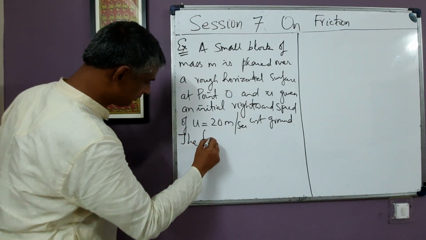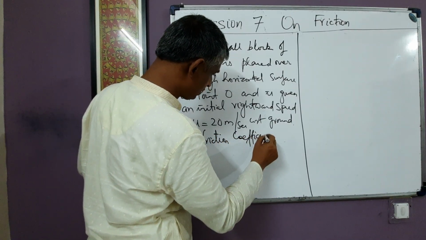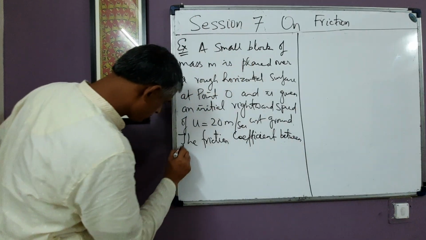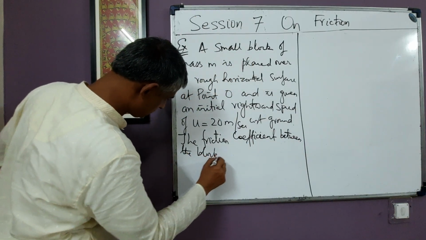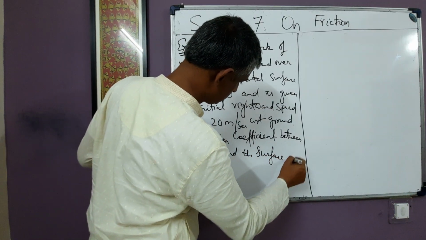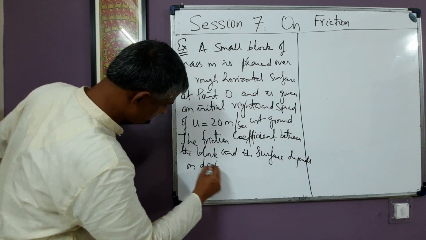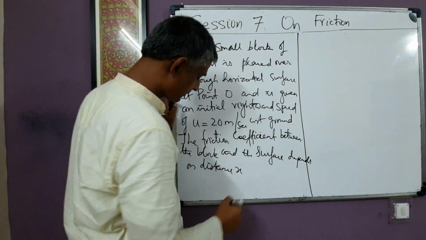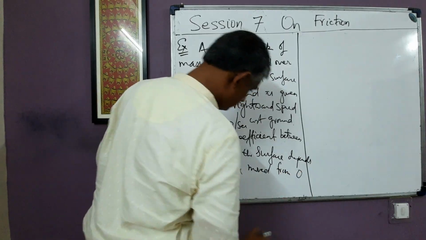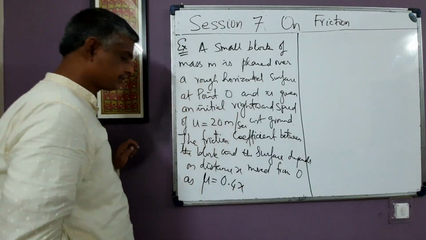The friction coefficient between the block and the surface depends on distance x moved from O as mu equal to 0.4x.